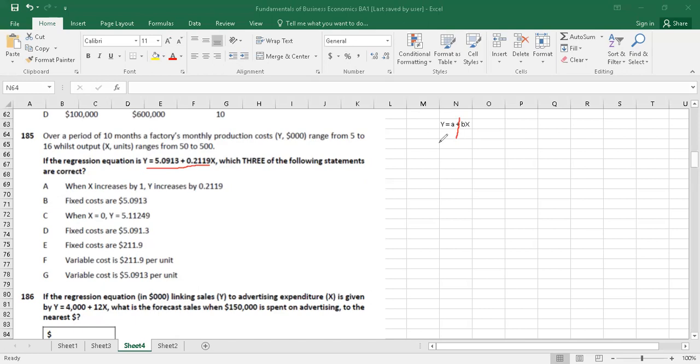Y is equal to A plus Bx. That's the equation we have. A is absolutely a constant, so it doesn't get affected by a change in anything. Out of the costs broadly classified as variable cost and fixed cost, we can take A to be the fixed cost and B to be the variable cost per unit.